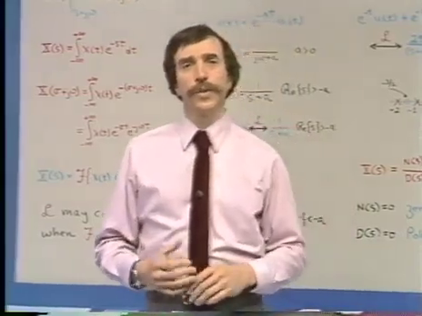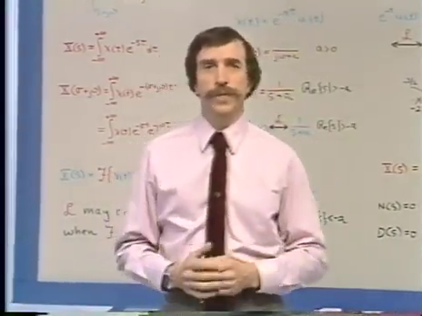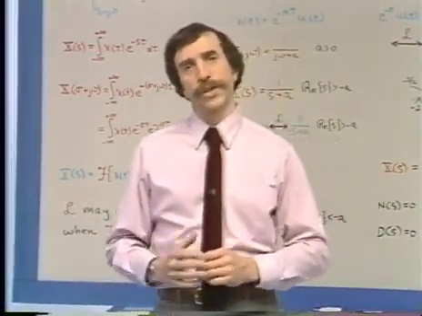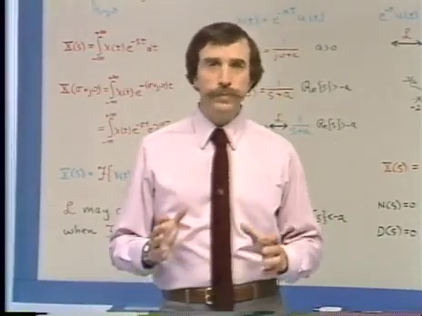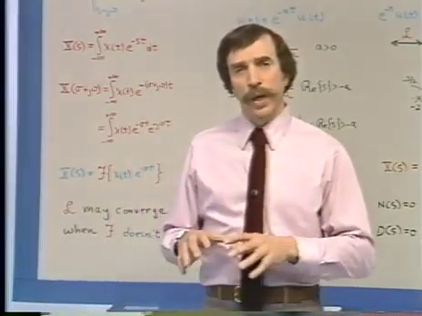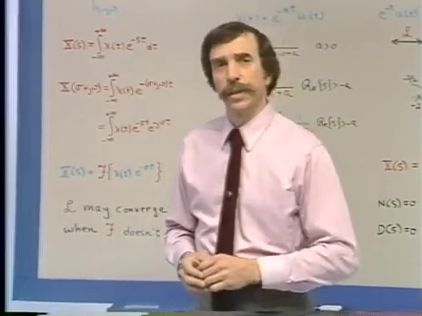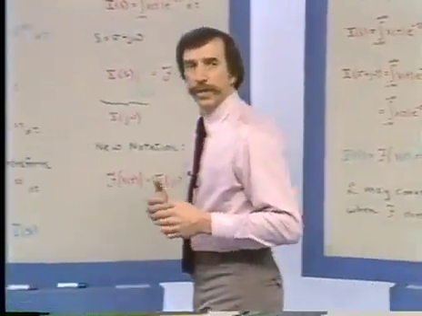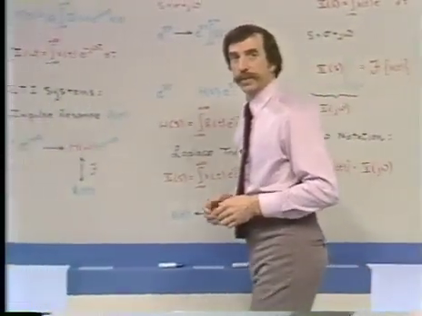Now, to introduce the notion of the Laplace transform, let me remind you again of what led us into the Fourier transform. We developed the Fourier transform by considering the idea of representing signals as linear combinations of basic signals.